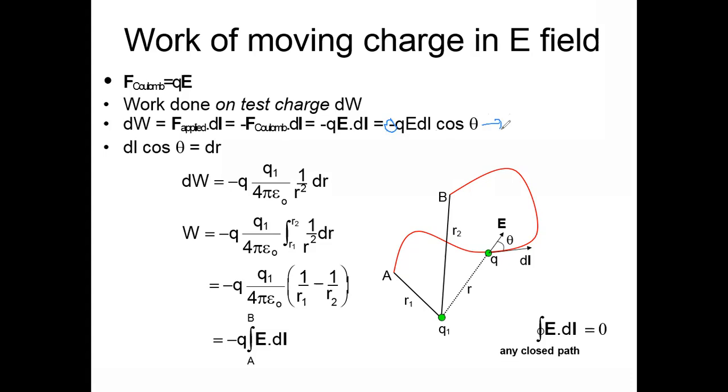There can be many more things, but the key point: if theta is lying between 0 to pi by 2, then cos theta will be positive, so this entire term E dl cos theta remains positive and the negative sign makes it negative. Now what is the meaning of this? If it is 0 to 90, the electric field and displacement are in the same direction.